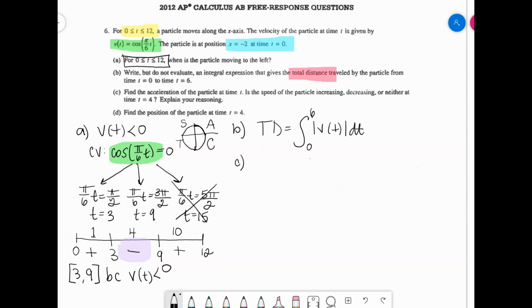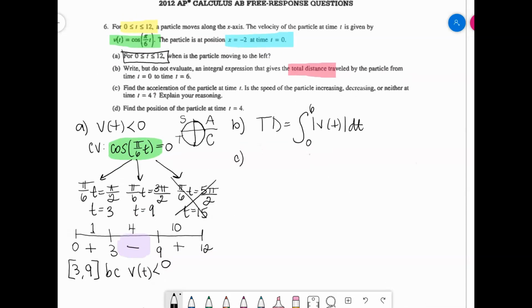Okay, so acceleration is equal to the derivative of velocity. So because we know velocity is equal to the cosine of pi over 6t, we need to take the derivative of that. So the derivative of that is going to be acceleration, which is, don't forget the chain rule. So it's the derivative of the outside, leaving the inside the same.